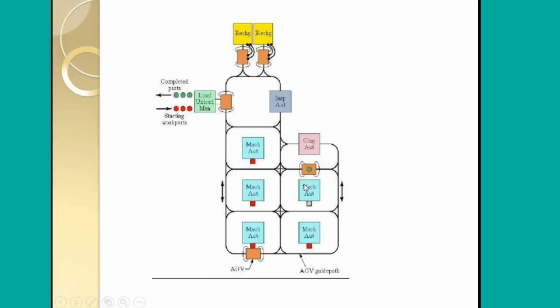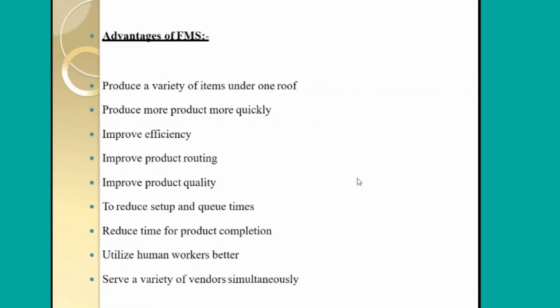In open field layout, whenever the machine is free, we move the part towards the machine and complete the work. It's similar to the ladder as well as loop layout. But in the robot centered cell, the robot is helpful to load and unload the processing machines.